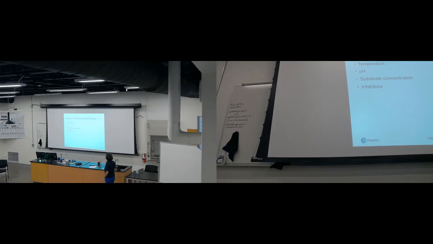So what does the enzyme need to work? A specific temperature. Depending on the organism that this enzyme is located in and the metabolism of this organism, it is that temperature. In us, typically it's 37 degrees Celsius.